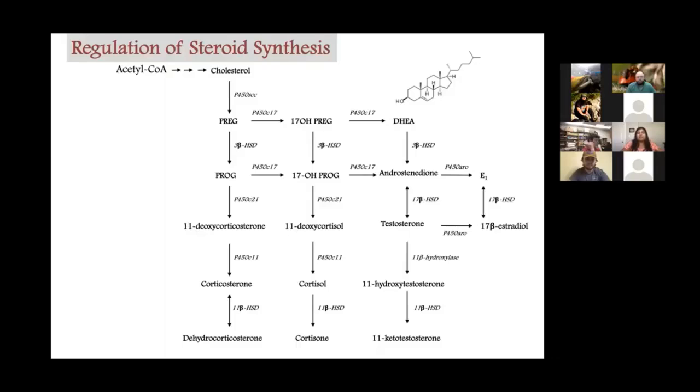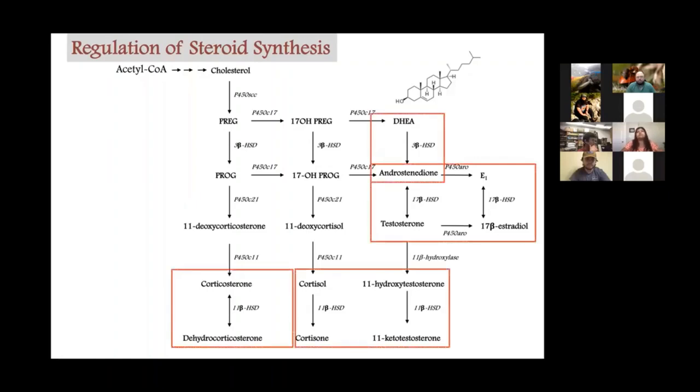So thankfully, there won't be a quiz at the end of this, but this is the type of enzymatic pathway that I'm interested in. And I look at the conversion of hormones from one to the other. This is a diagram of cholesterol, which has a big side chain, and it's cleaved at different points by different enzymes. In particular, I'm interested in these particular pathways.